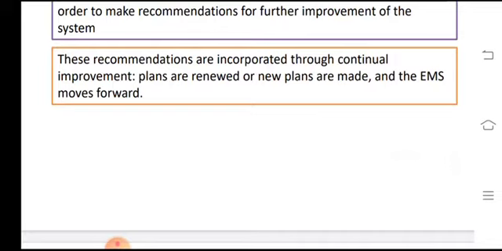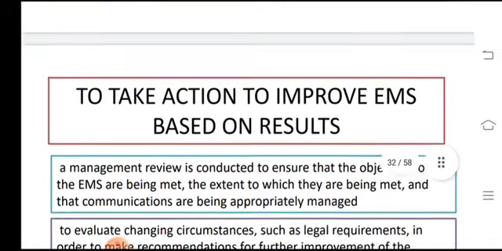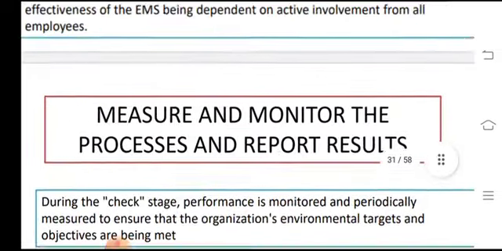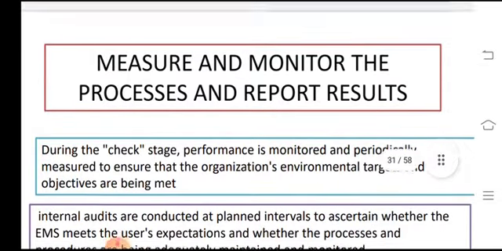So the plan is supposed to be revisited and the actions reviewed so that we can improve wherever there is some loophole or discrepancy observed during this phase of measuring and monitoring.